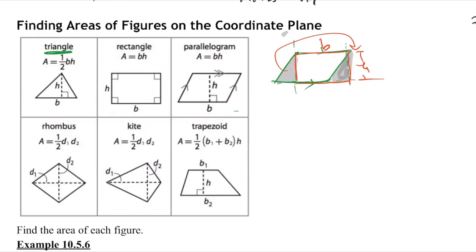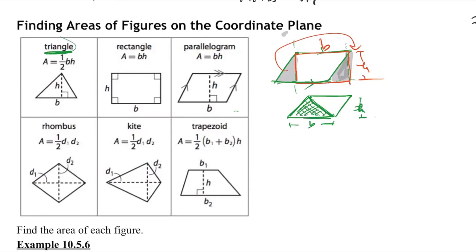Why is that true? Well, let us say that we have a parallelogram, oopsie, like this, and this is the base, and this is the height. Now, if you cut it in half across the diagonal like this, you know that the area of the triangle is 1/2 of the parallelogram.